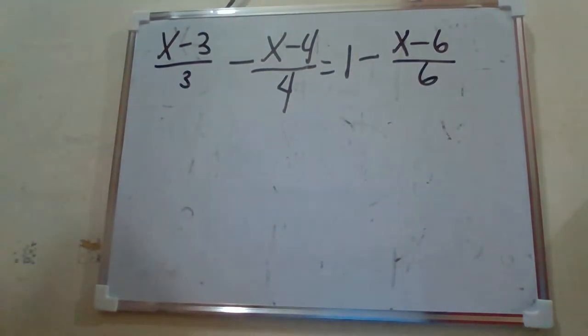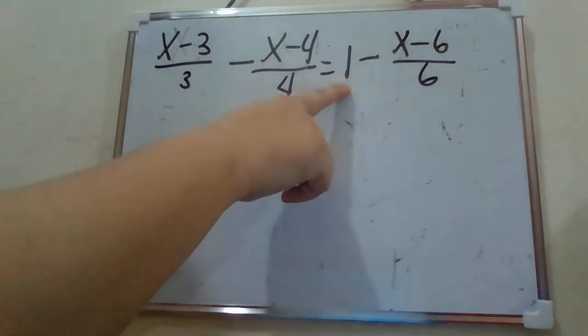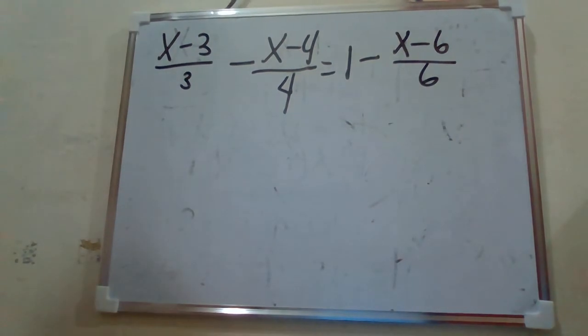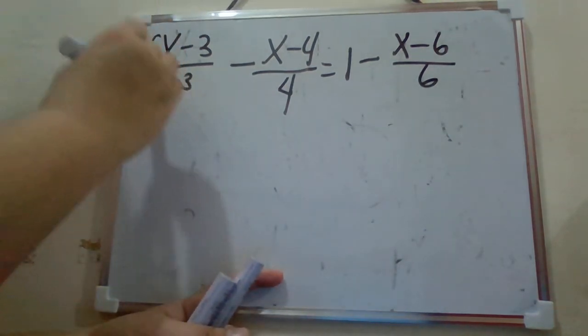We need to eliminate them by thinking of the number that 3, 4, 1, and 6 are divisible into. This one has an invisible 1 as its denominator. So we think of the least common denominator, which is 12, and 12 on the other side.